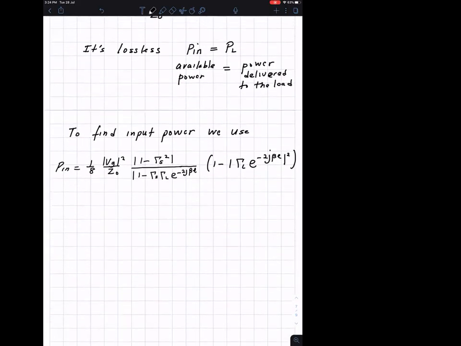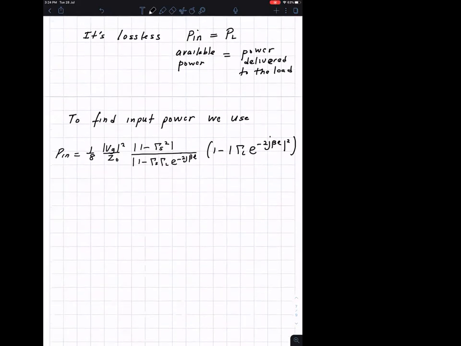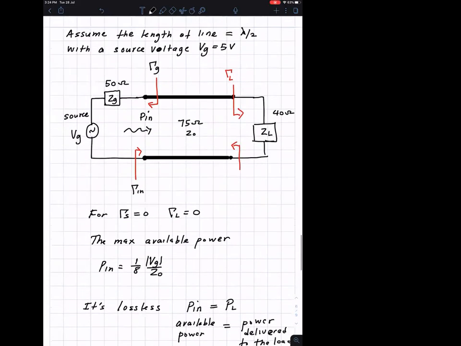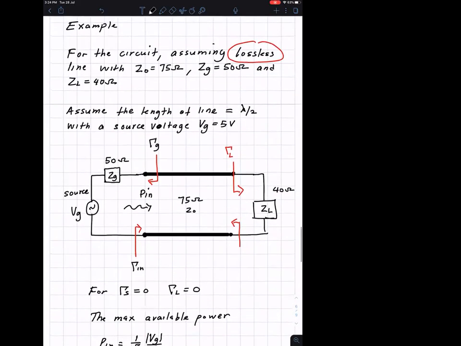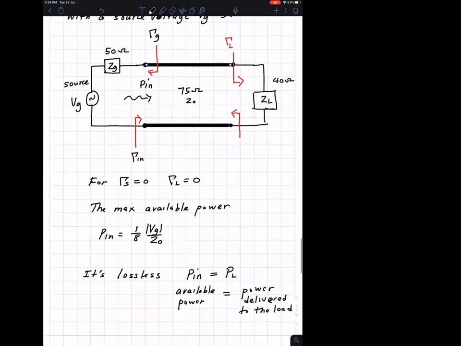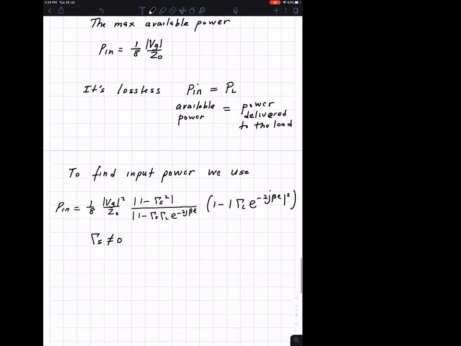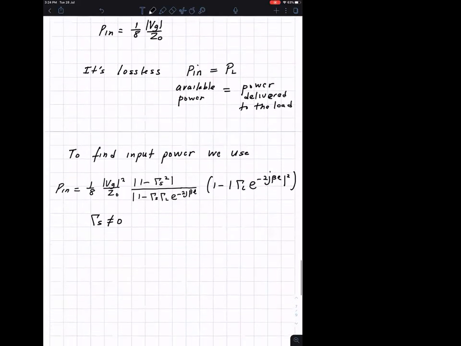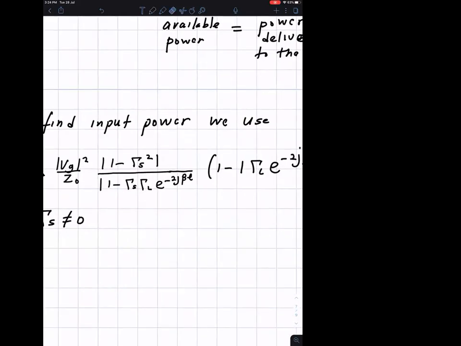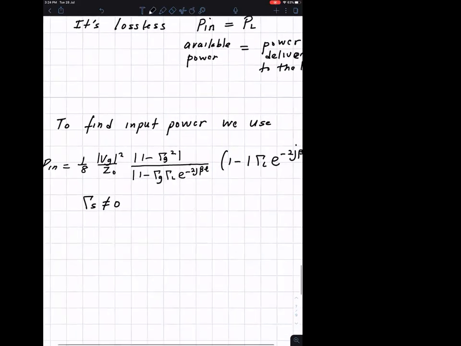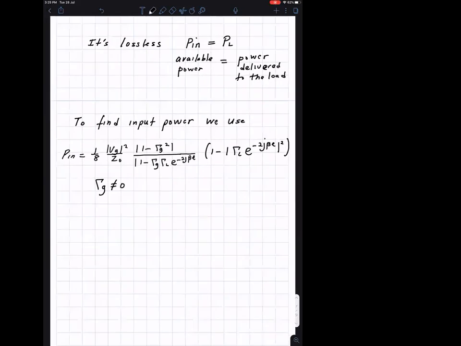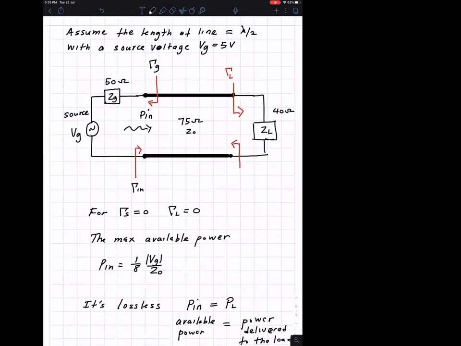We need this formula because gamma_G, which I'm now using instead of gamma_S, is not equal to zero.